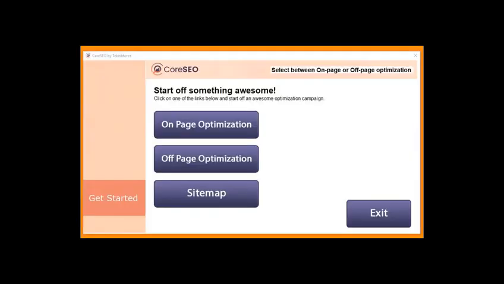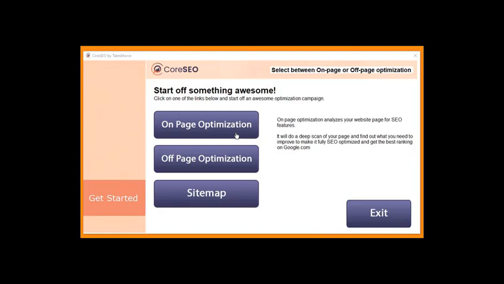Hey everybody, this is your friend in internet marketing, Cyril Gupta, and in this quick video I'm going to show you CoreSEO and show you how it can help you get better traffic and more visitors on your site no matter what level you are at today. So let's get started. CoreSEO does that for you in 3 ways. The first is on-page optimization.